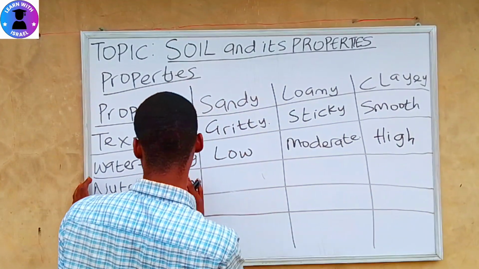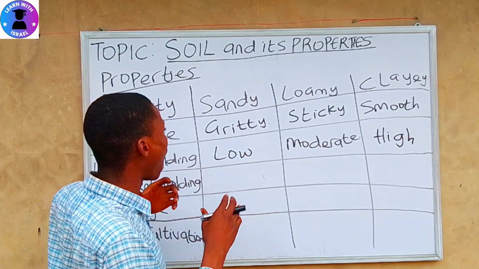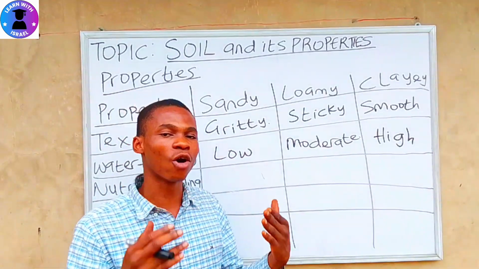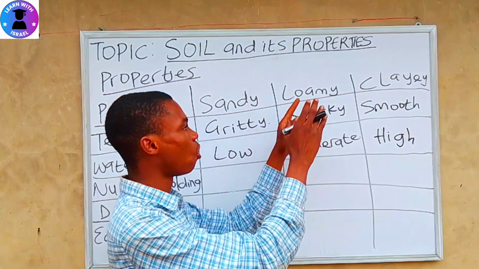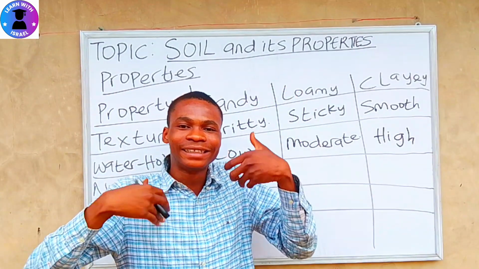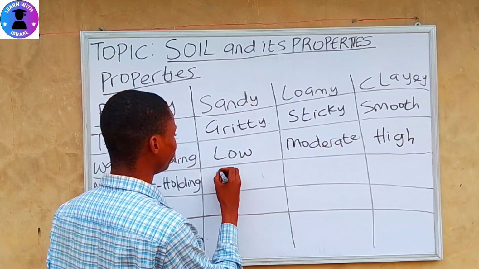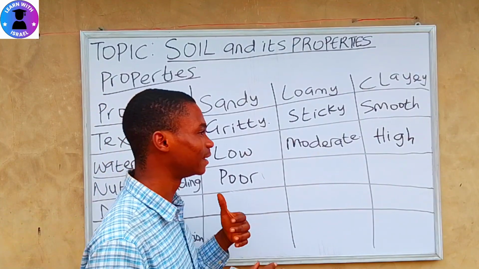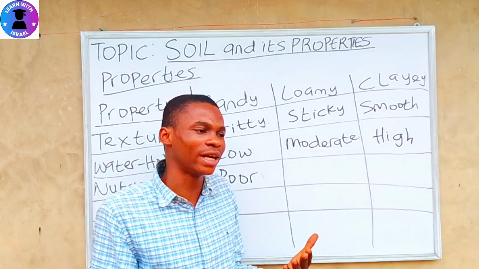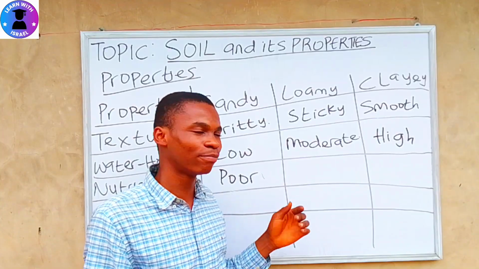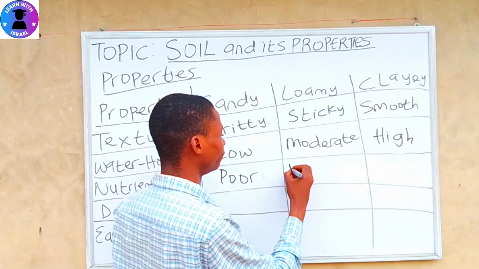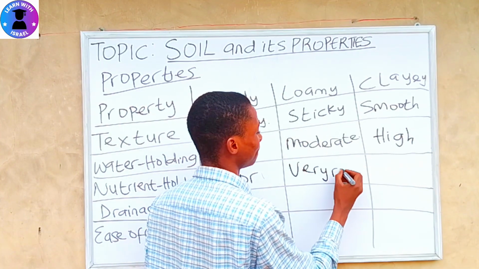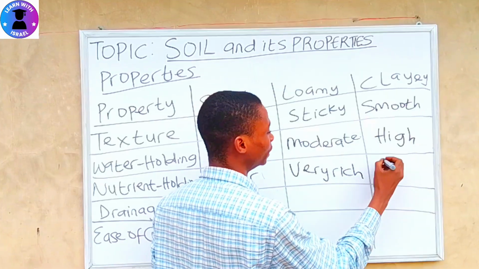So let's check the next one, which is nutrient holding. How well or how long can sandy, loamy, and clayey soil retain nutrients? For sandy soil, it is very poor. Sandy soil cannot hold nutrients for a long time. For loamy, very rich. And for clayey, rich.